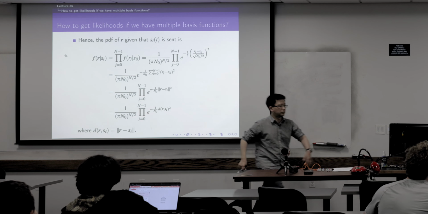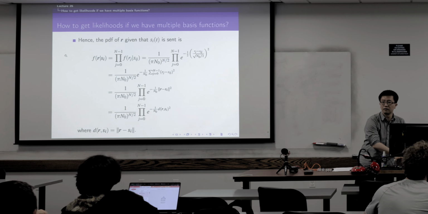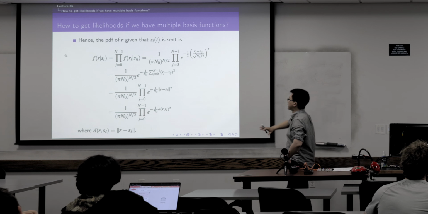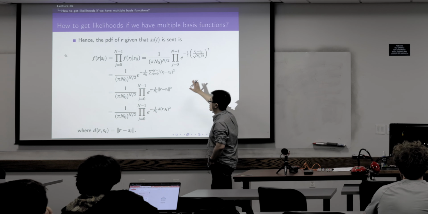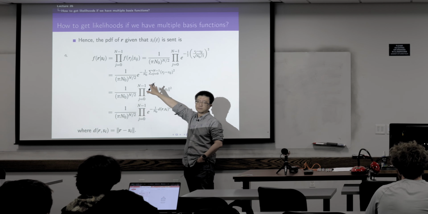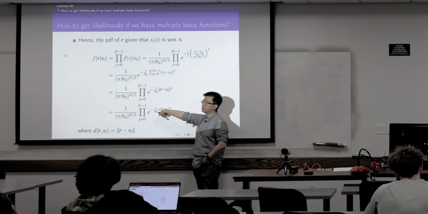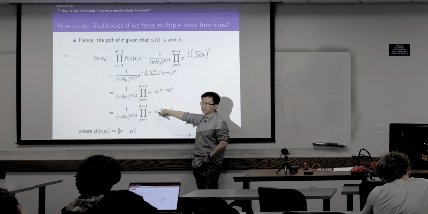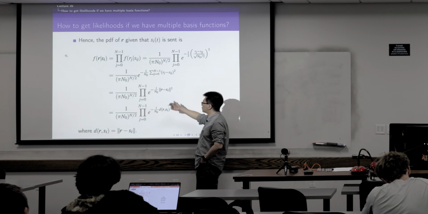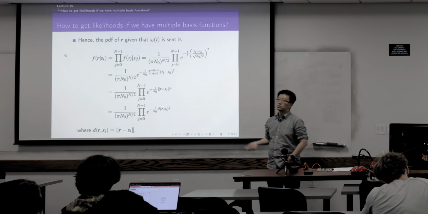Is that clear? I want to make sure the PDF is maximized by choosing an Si, then equivalently, we make sure that the distance between R and Si is minimized. Does that make sense? Then the ML rule becomes a distance rule again.